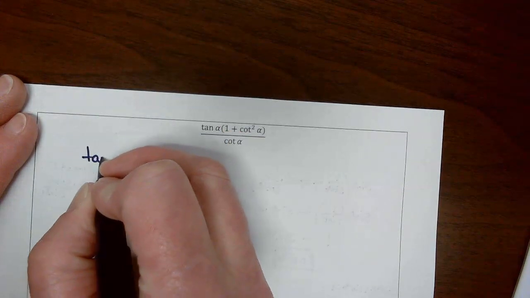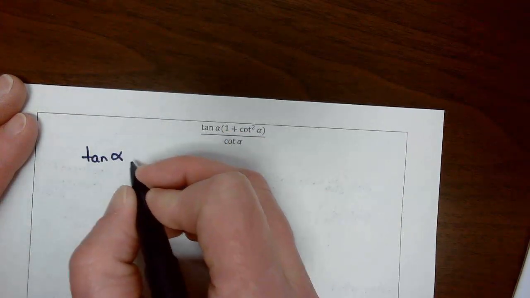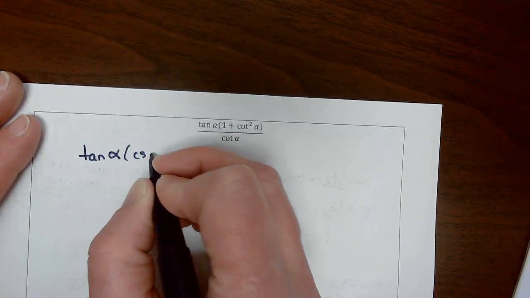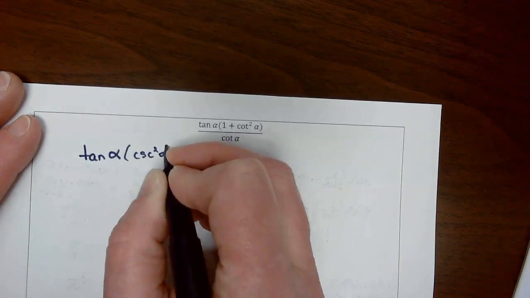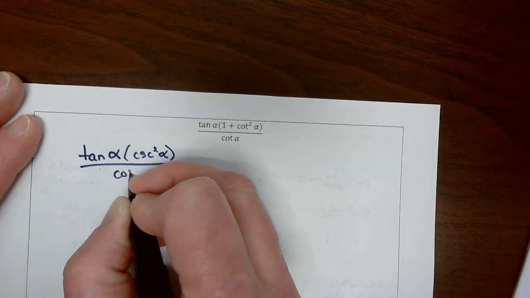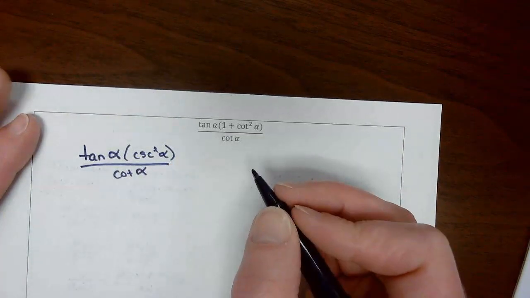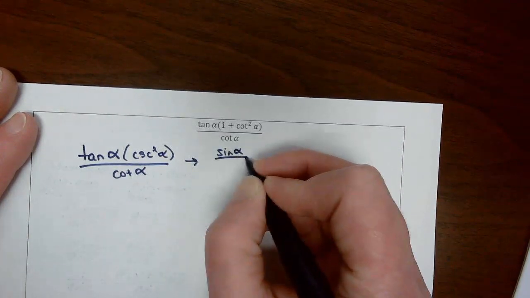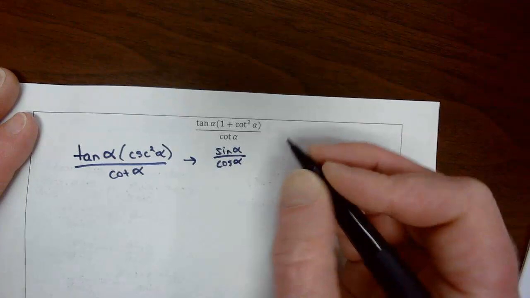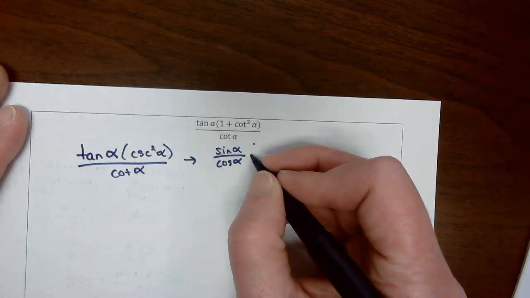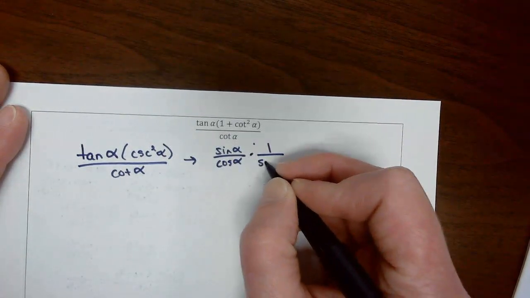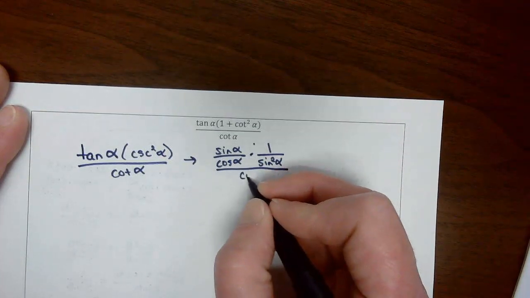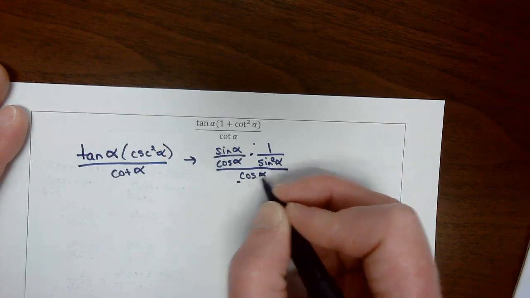So I could, and that's an alpha, replace 1 plus cotangent squared with cosecant squared. Now let's change it to sines and cosines. Cotangent was cosine over sine.